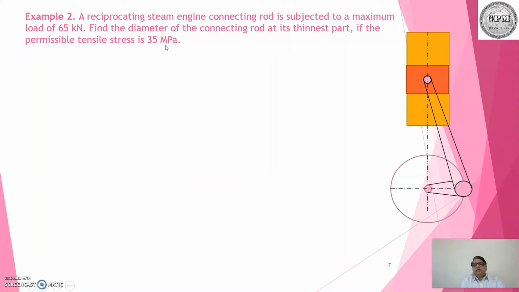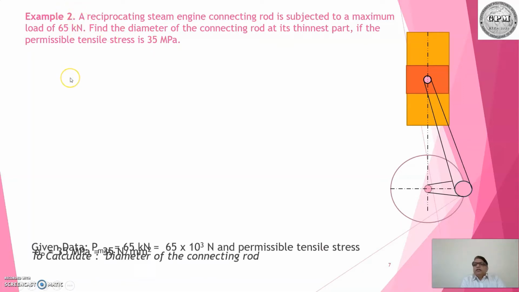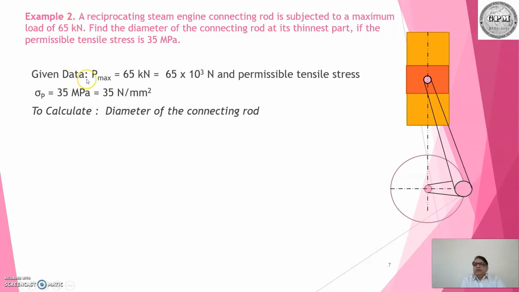Mega means 10 raised to 6 Pascal, and a Pascal is 1 Newton per meter square. So here, try to write down the given data. P maximum is equal to 65 kilonewton, which is 65 into 10 raised to 3 Newton, and the permissible tensile stress, sigma P, is equal to 35 megapascal.